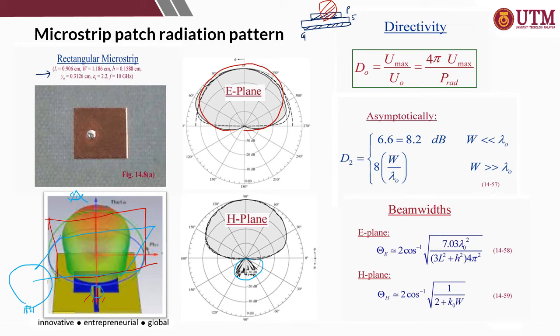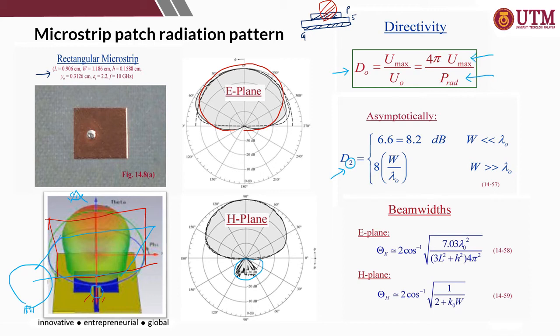Right, this is in the H plane, and the directivity for microstrip patch antenna can be estimated by using this equation D2, meaning that for microstrip antenna there's 2 slots, and the general equation for directivity commonly for all antennas is D naught equal to U max over U naught, which is dependent on the P rad and the radiation intensity.